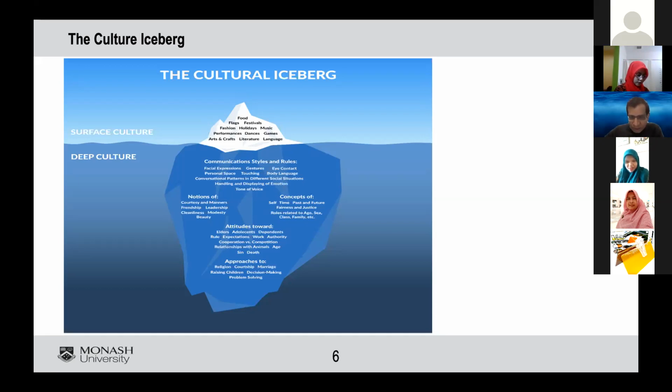Sorry, Rumah Gadang, right? Yes, Panggung is in Toraja, and the Toraja Tongkonan. So these are the visible artifacts that make us distinguish one culture from another. But there is a whole lot of other things that make us different. And like the iceberg, it is hidden under the water, so we can't see it.